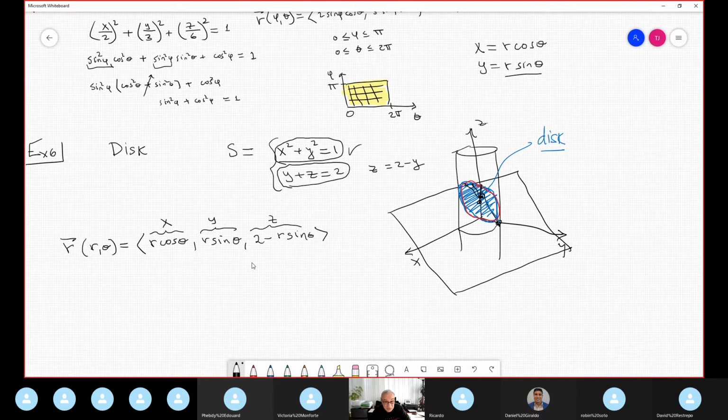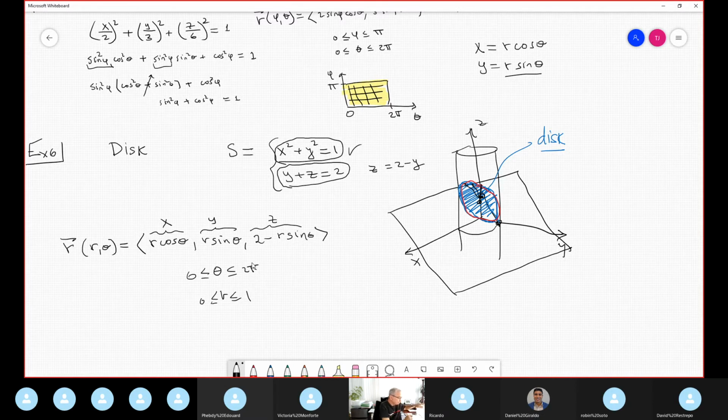And that's it. Now I need to represent the domain: theta varies from 0 to 2 pi, because I want the full circle. And r goes from 0 to 1, the radius of the solid cylinder, because the solid cylinder is bounded like this. Wow, fantastic. I like that.